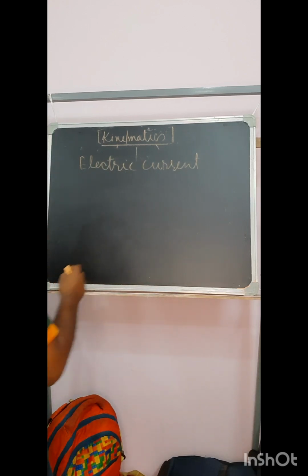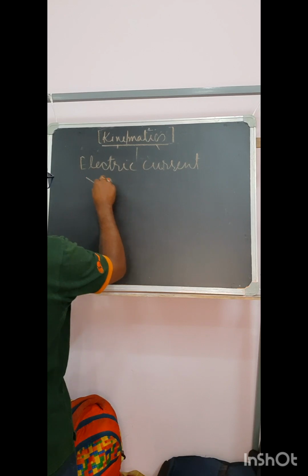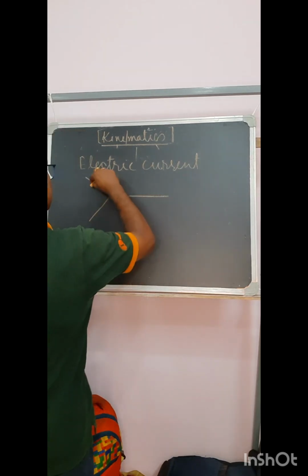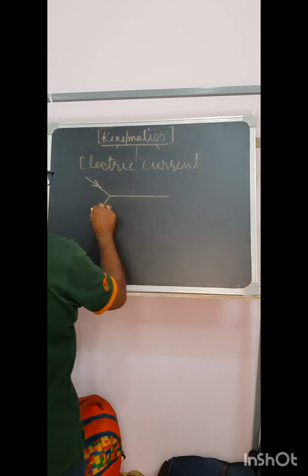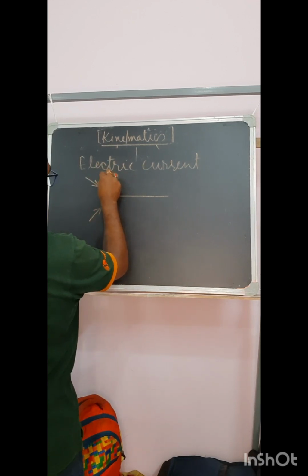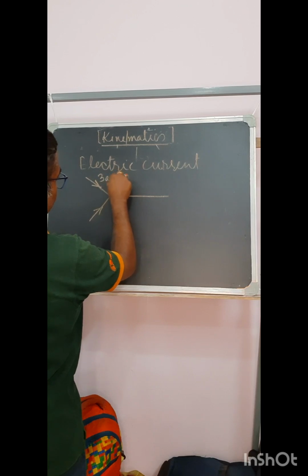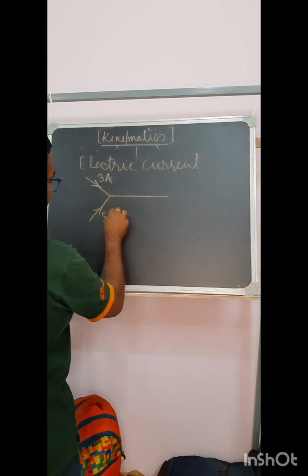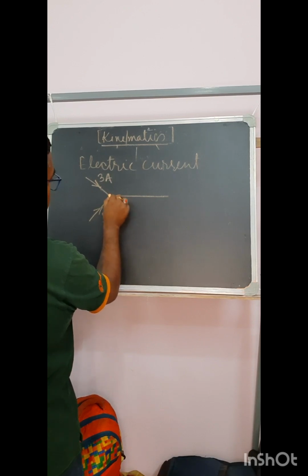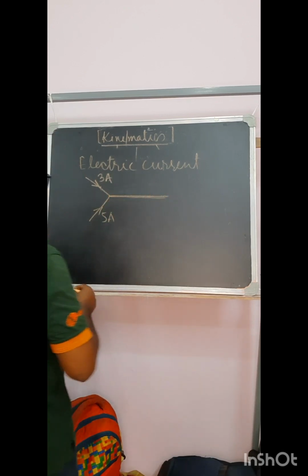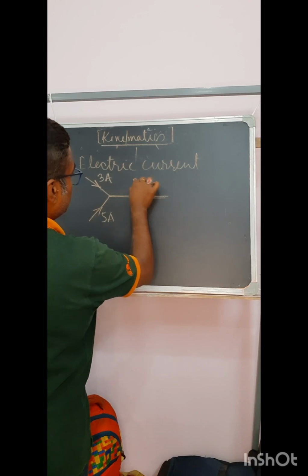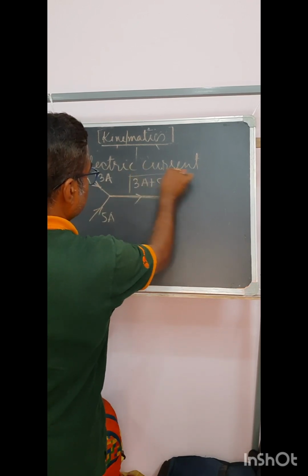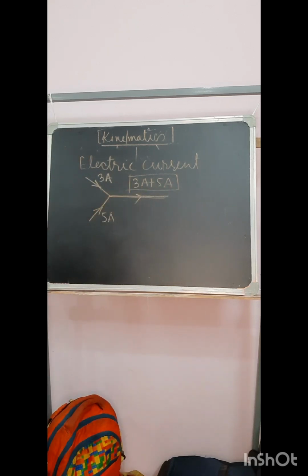Because if I take two currents flowing through, coming through some wire, this is the input current, let's say this is 3 ampere, and this is 5 ampere. Now when they merge and flow through this path, the total current is added. Only the algebraic addition will follow this rule.